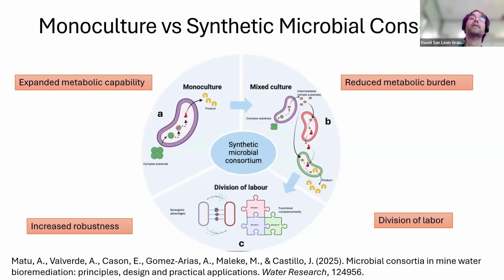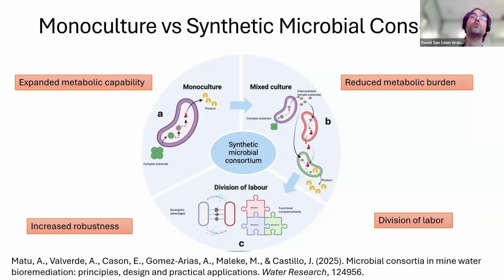It's less robust than in nature because it's more sensitive to changes and stress, and it's not always able to perform a complex task, because in the process of generating these products, toxic metabolites can appear that reduce the productivity.